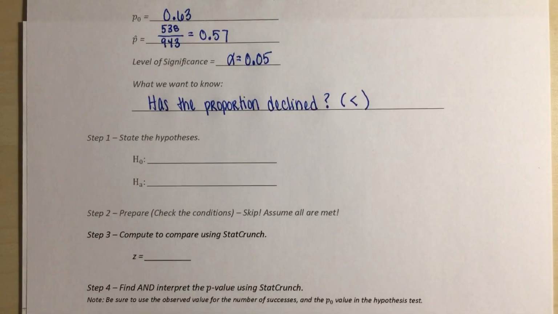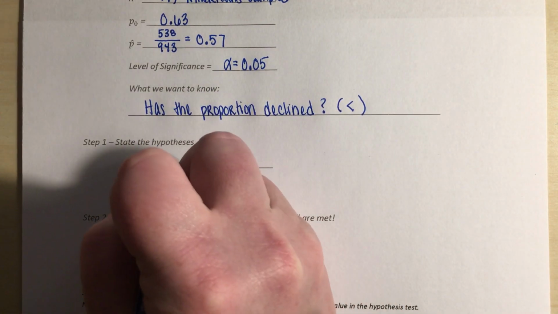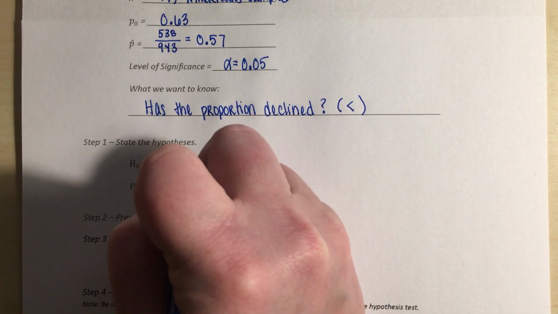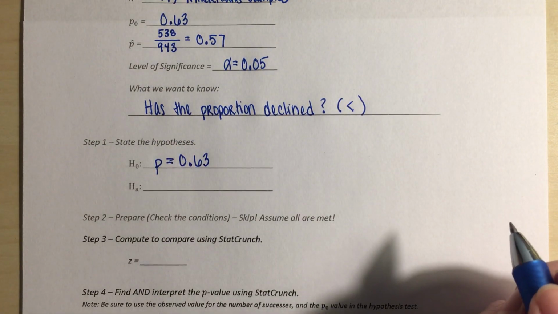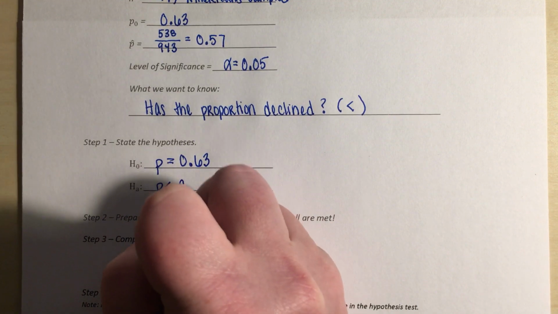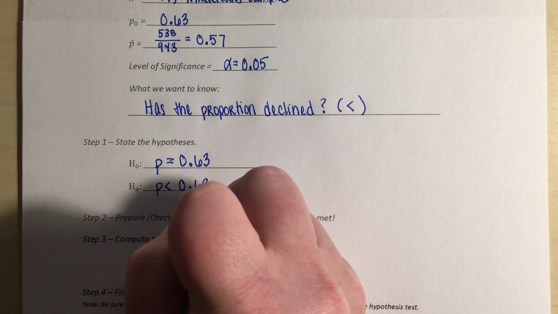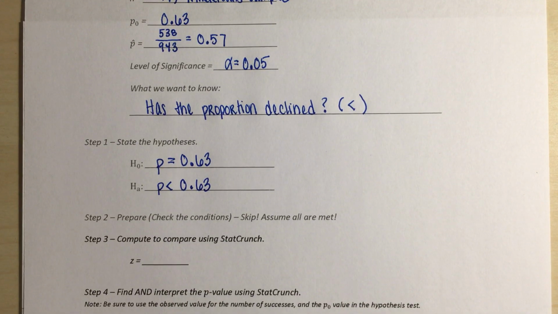All right, so our hypotheses. Our null hypothesis, P equals 0.63. Again, we're using our P naught. Our alternative hypothesis, has this declined? P less than 0.63.